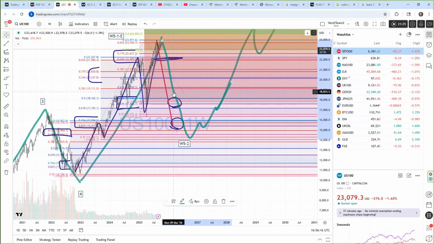Remember, I'm drawing these, and these could be more like this. I don't know exactly how it's going to be, but if this is wave 5E, the end of the first wave rally phase, we have to get into a pullback. And in order to get into a big, broad pullback, we have to come down through this cycle.